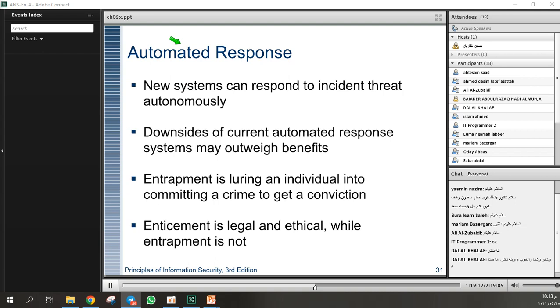Why? Because sometimes we can use those automated response systems into committing a crime. Maybe a crime happens if you use an automated response system in this area.